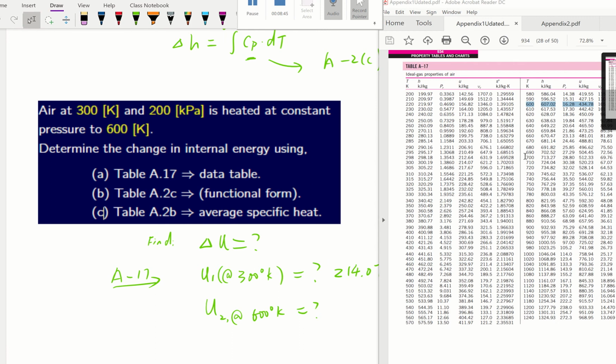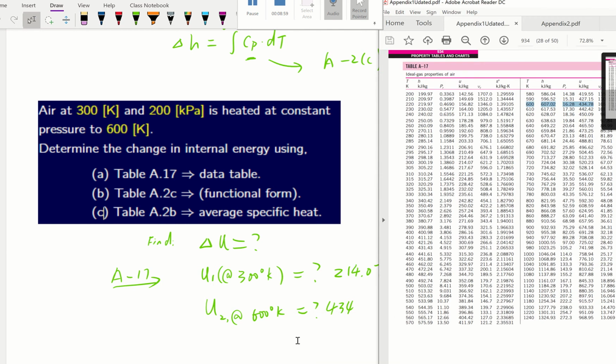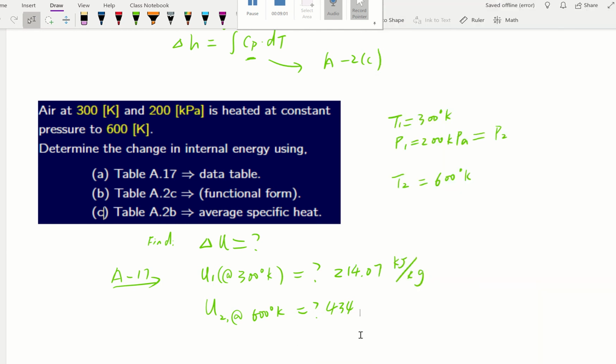Now look at 600 Kelvin, and we get U for air, that's 434.78 kilojoule per kilogram. Okay, so that's our U1 and U2.